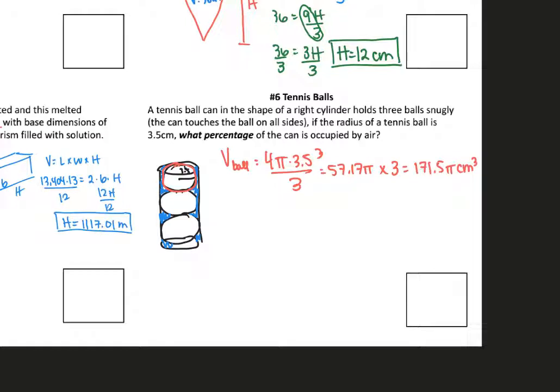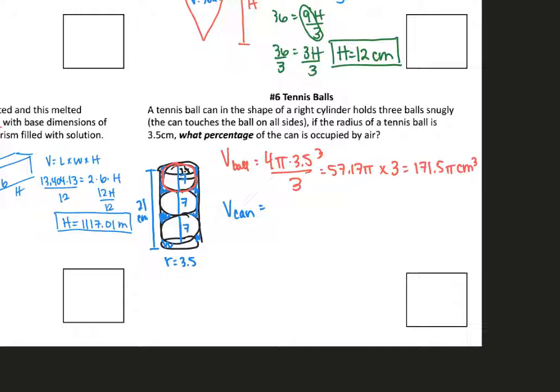Now we're going to find the volume of the can. This is a little tricky because it doesn't really look like we're given anything in terms of the dimensions of the can. However, I know that the radius of the can has to be 3.5 since the tennis balls fit snugly. It looks like we're missing the height. But here's what we need to remember. We know the radius of a tennis ball is 3.5, which means the diameter is 7. So each tennis ball has a diameter of 7, which means our total height is going to be 21 centimeters.